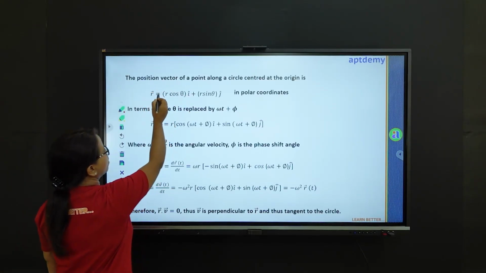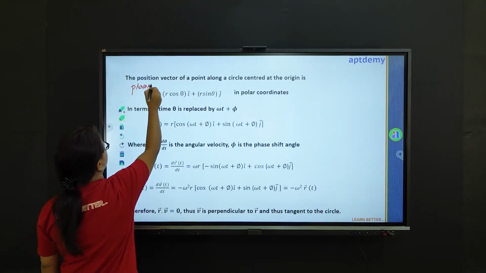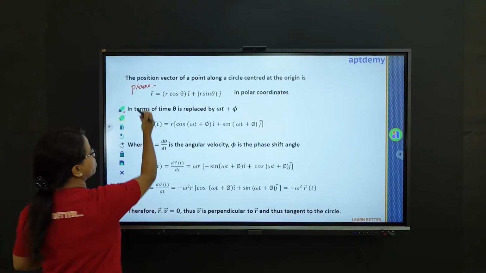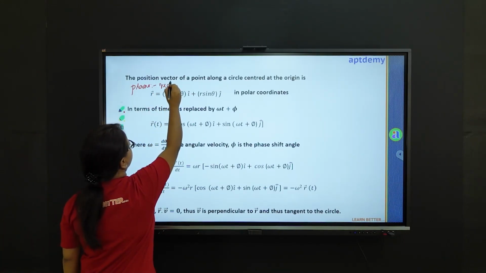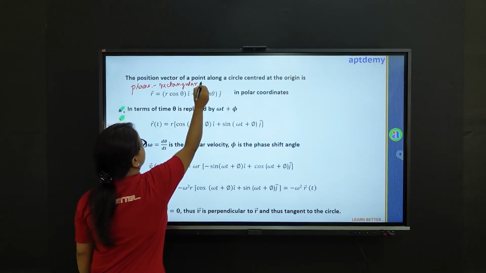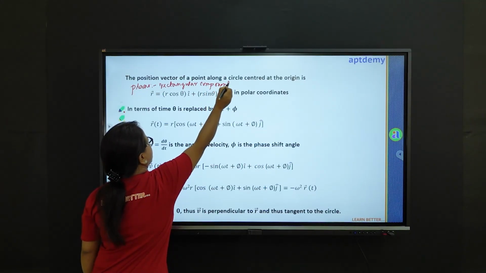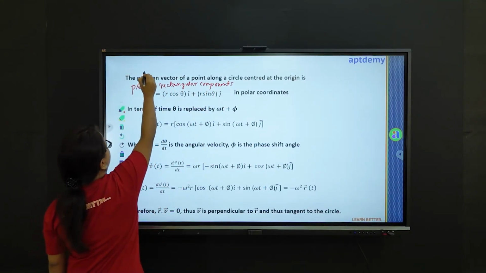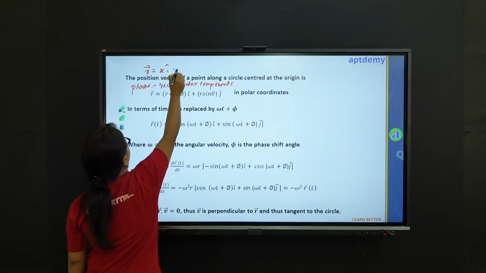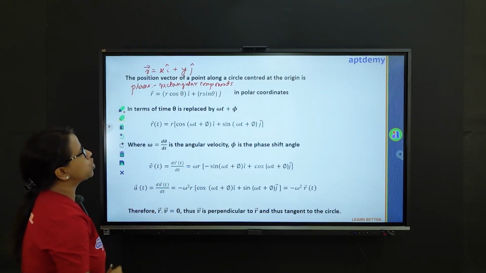So, in case of a plane, or when we are concerned with the rectangular components of the position vector, then we had written vector r as equal to x i cap plus y j cap, considering motion in a plane.